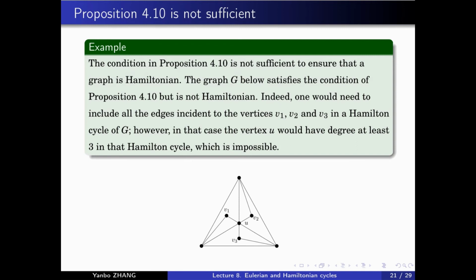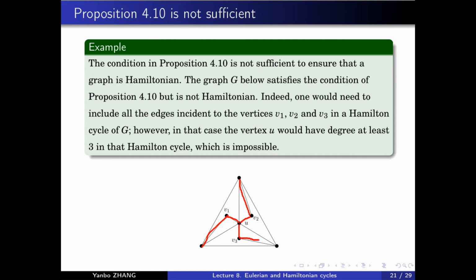Indeed, one would need to include all the edges incident to the vertices V1, V2, and V3 in a Hamiltonian cycle of G. Because if there is a Hamilton cycle, it must contain V1, so it must contain the two edges incident to V1. For the same reason, the Hamilton cycle contains V2, so it contains the two edges incident to V2.